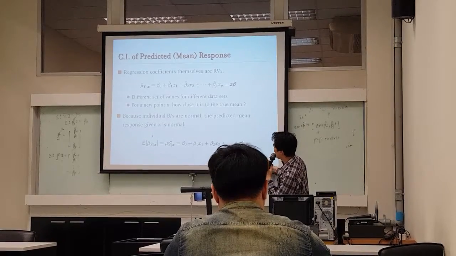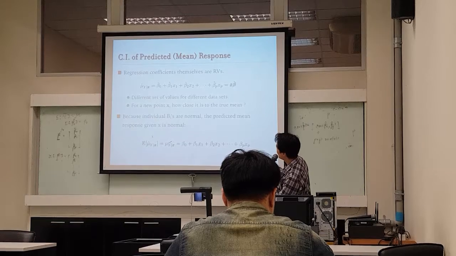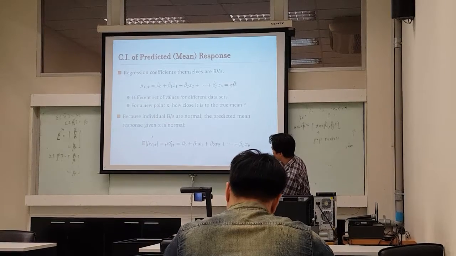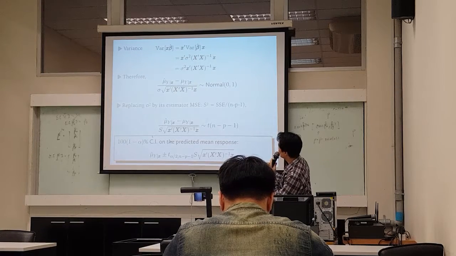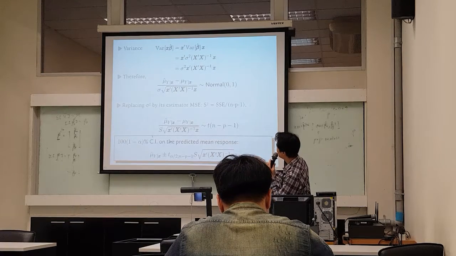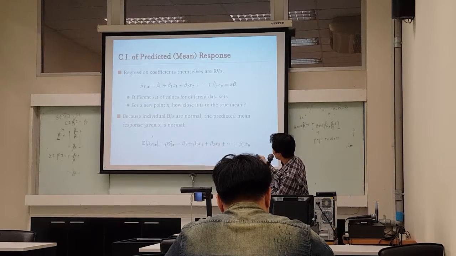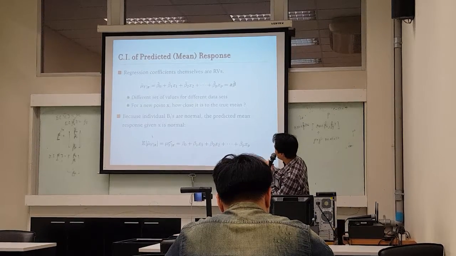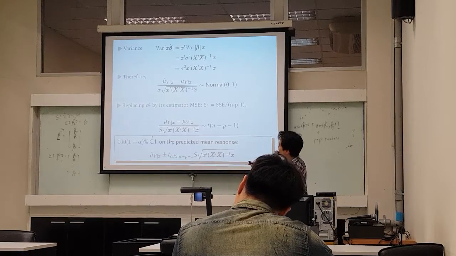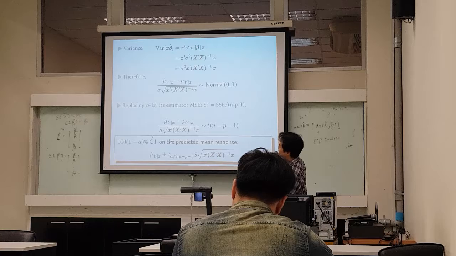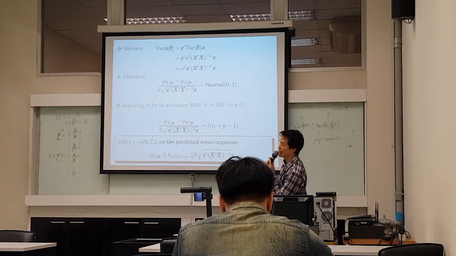This is a sum of normal random variables, so if you subtract its mean and divide by its standard deviation, you get a standard normal. The standard deviation is given by sigma times the square root of x transpose (X transpose X) inverse x.